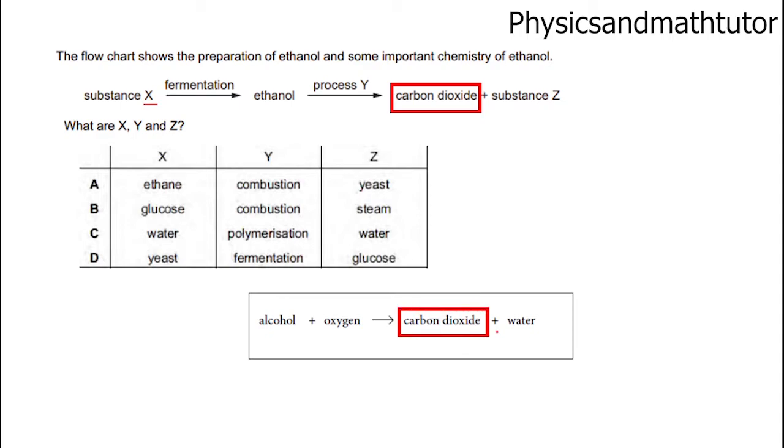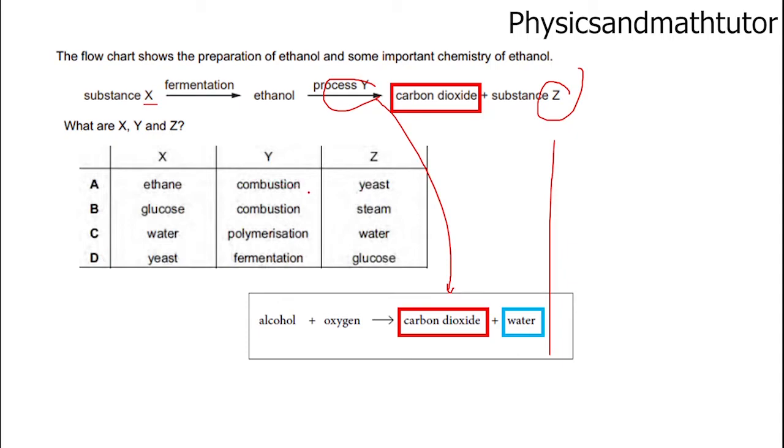So we have the same carbon dioxide here, and polymerization is not fermentation. No, they're not forming carbon dioxide. And then the combustion is also producing water, so when carbon dioxide plus water, this substance Z is water, and the process Y is the same as this process.